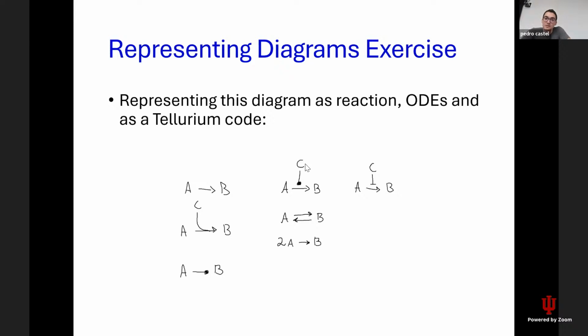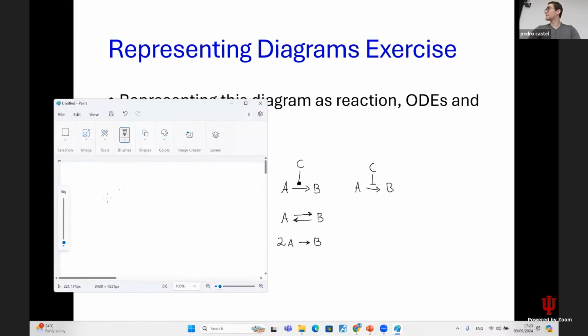Let's work on this one. C is promoting A going to B. Let's do that. I'll change the notation; my derivative is becoming a prime now.